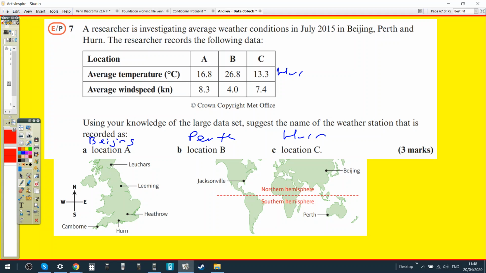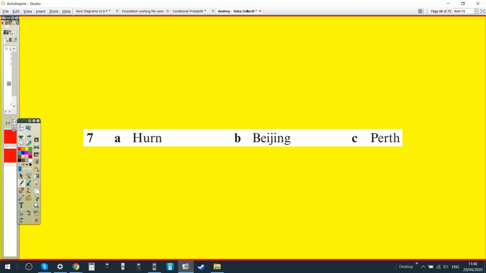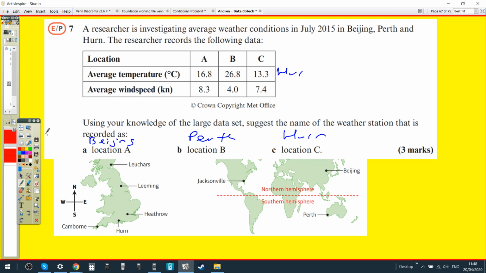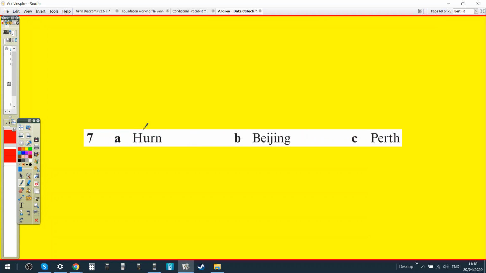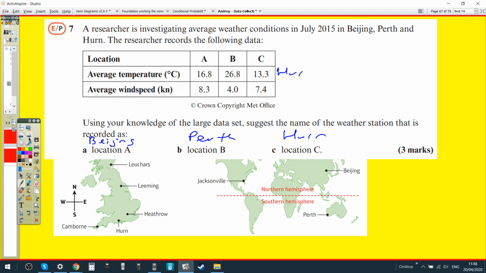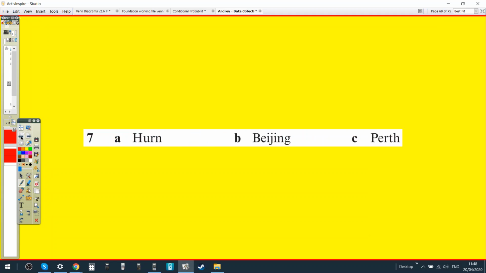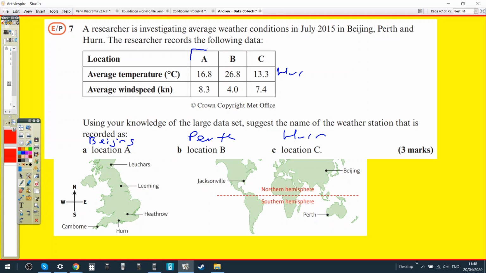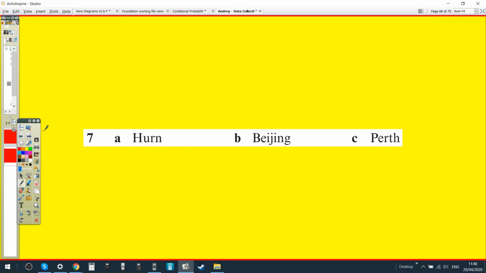So let's take a look. So Hearn, Beijing, Perth. Hearn was, so A, B, C. I have no idea. Wait, so Hearn and Beijing are just swapped, are they?